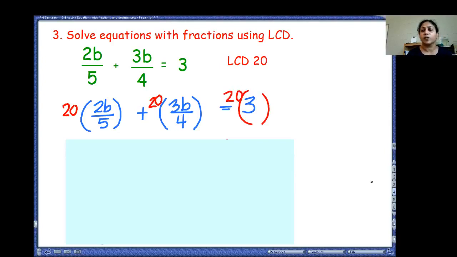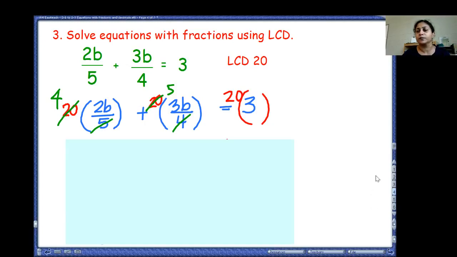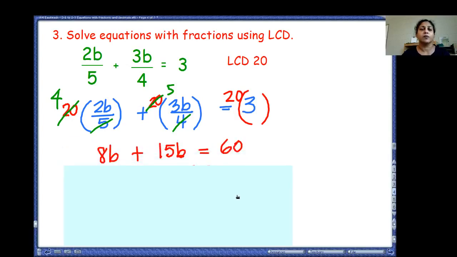And when you multiply each term by 20, it so happens that 5 and 20 will cancel to give you 4. 4 and 20 will cancel to give you 5. And this simply multiplies out to be 60. So now you simplify and we get 8b plus 15b is equal to 60.